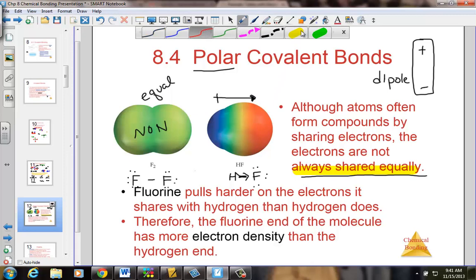Now I want us to examine what I've just drawn here, a polar covalent bond, where the area that is positive has a little tail on it with what looks to me like a positive sign. When I see this, it is showing me the more positive end of the molecule.